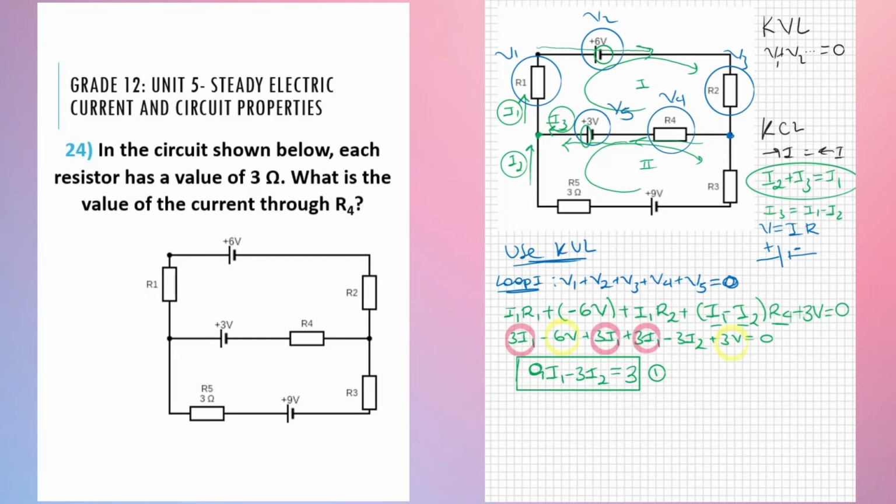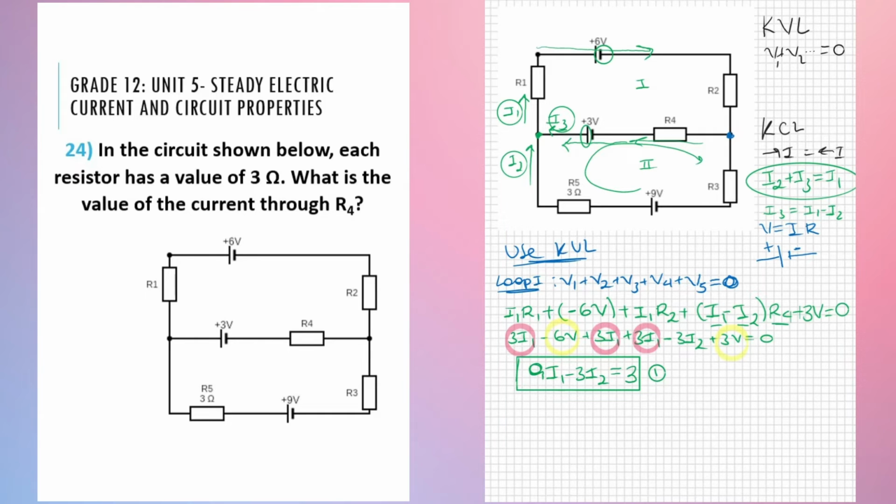Now let's move on to loop 2. To make things a bit clearer, let us clear this out here, here, here. Let's clear these two out as well. And let's consider the voltages across the second loop.